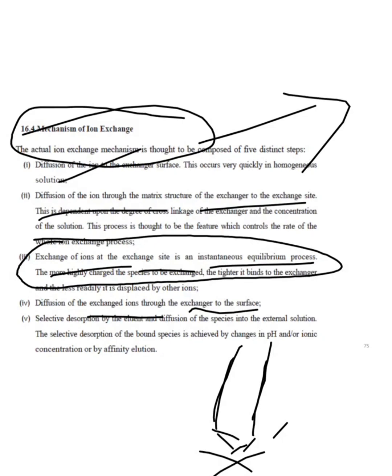How the mobile phase is introduced into the stationary phase, how the diffusion takes place and the exchange of ions takes place, and further the exchanged ions are eluted. So these are what was explained in the 5 steps.